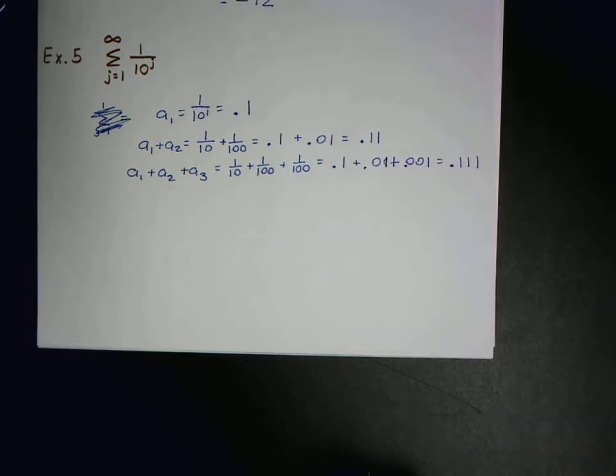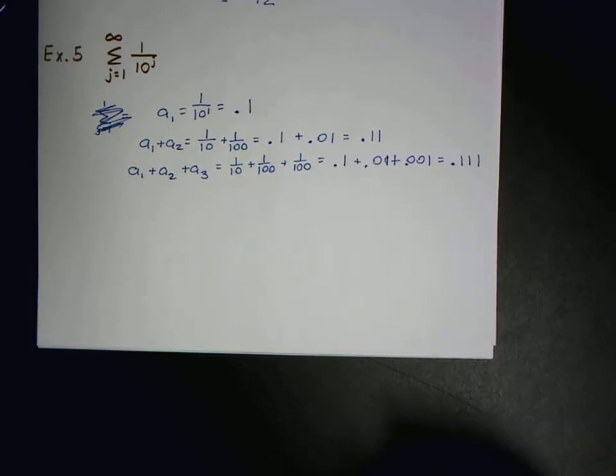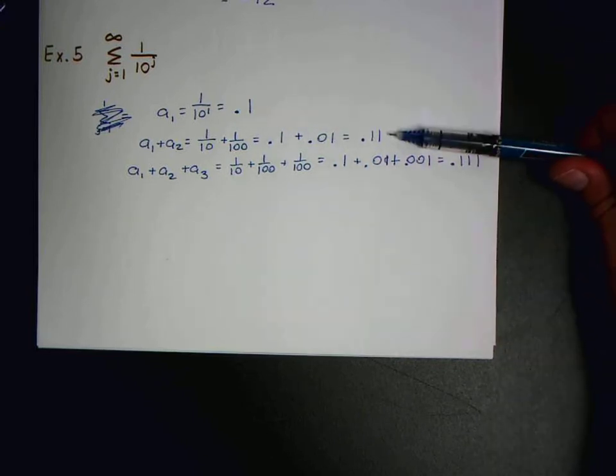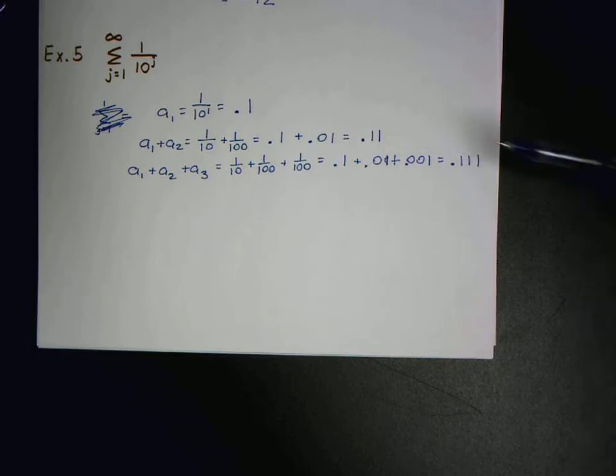The first thing I get is that whenever I add the second addition, I get this. The third, whenever I add 3 terms together, I get that. What am I going to get whenever I add 4 terms together?